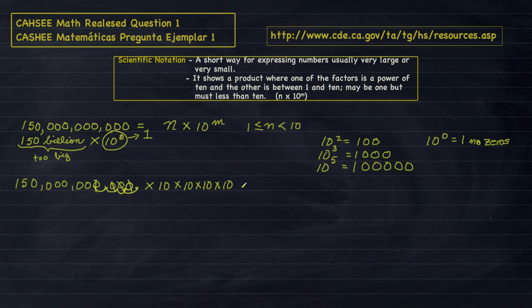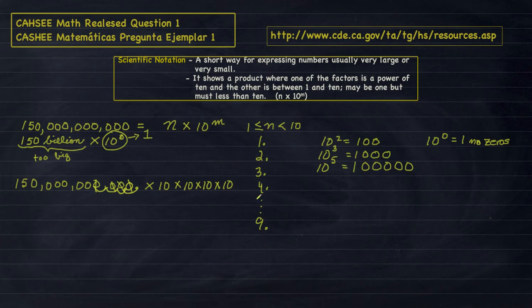I want my n to have a 1 or a number that is not 0 to the left of the decimal point. I want n to be of the form like 1 point something, 2 point something, 3 point something, 4 point something, a non-zero digit, up to 9 point something.